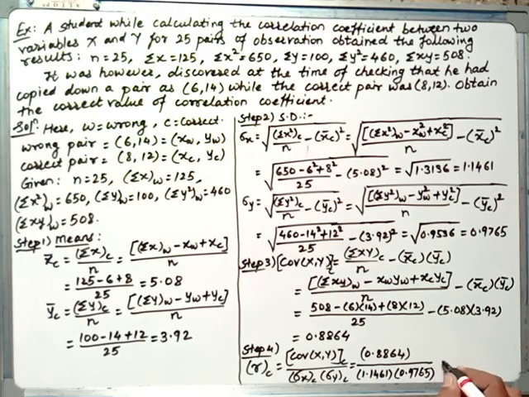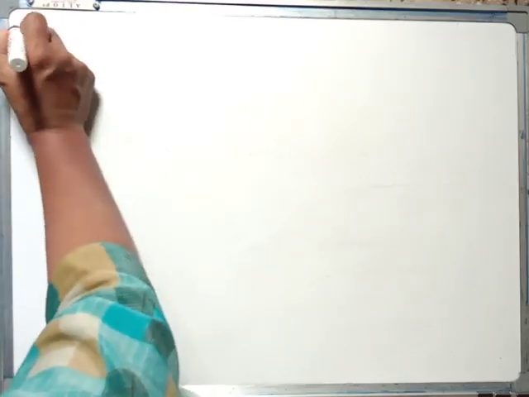And this calculation will be 0.79198. So this is our correct coefficient of correlation. So this is about this question. If we get incorrect values, we can make them correct using the obtained result. Okay. Let's see the next example.